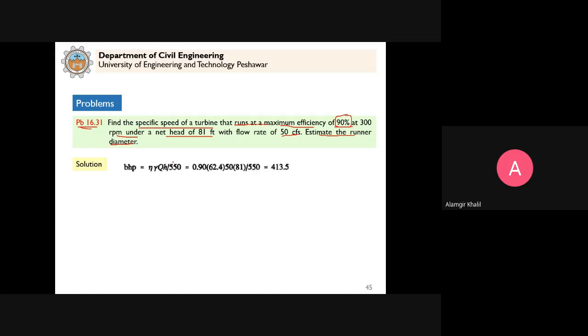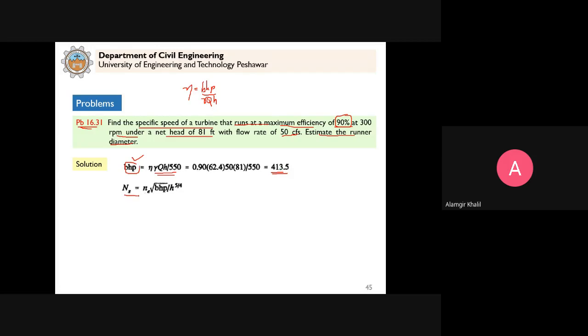We can estimate the brake horsepower, because we already know that efficiency is equal to the output, that is the T omega, divided by the input, which is gamma QH. Clear? So efficiency multiplied by gamma QH divided by 550 is the brake power, brake horsepower, shaft power. So now BHP is this much.